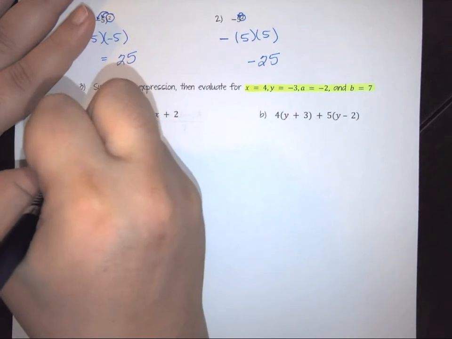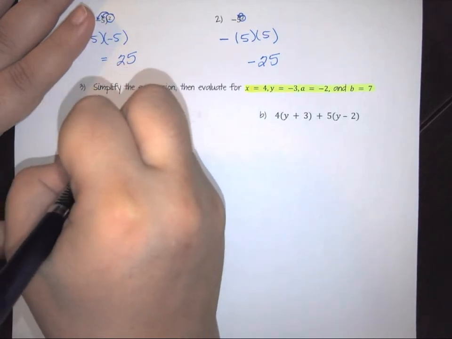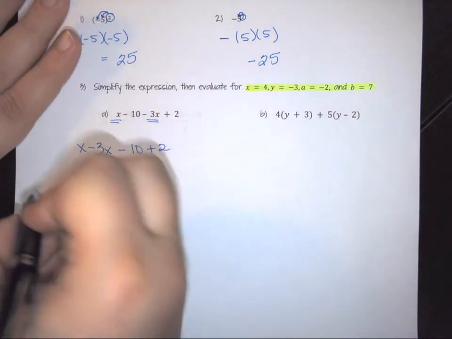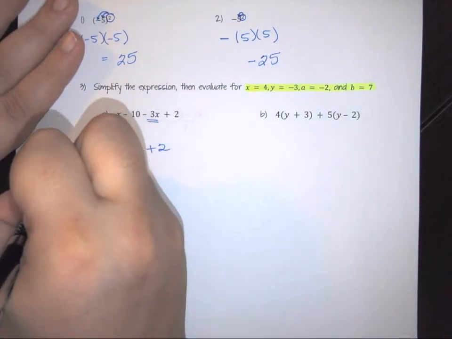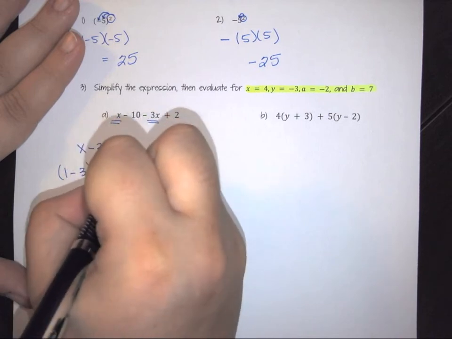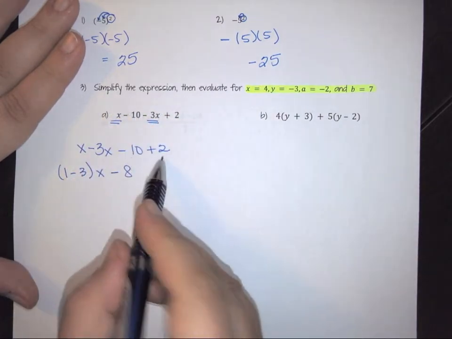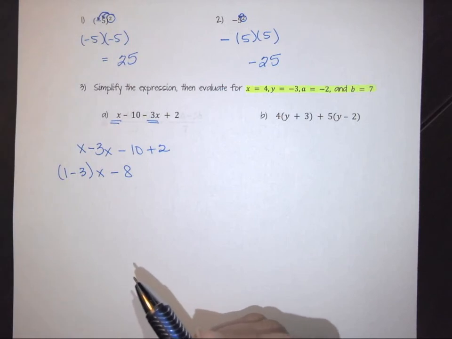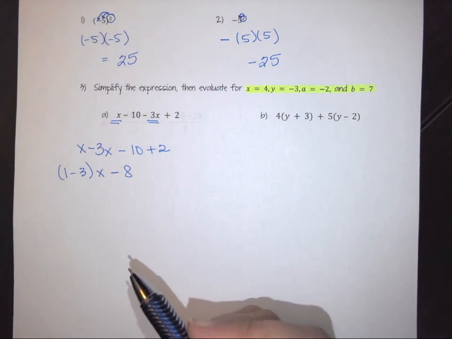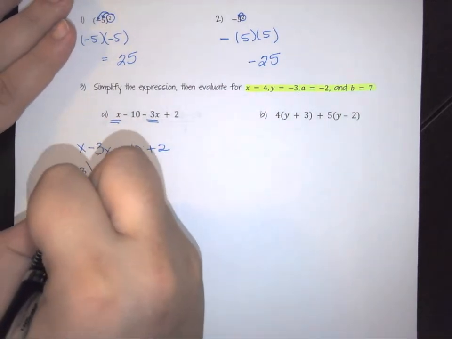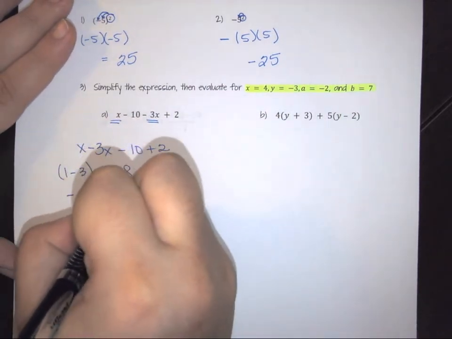So I have x minus 3x minus 10 plus 2. So this is going to be the same as 1 minus 3x minus 8, because negative 10 plus 2 is negative 8. One minus 3 is going to be a negative 2x minus 8.